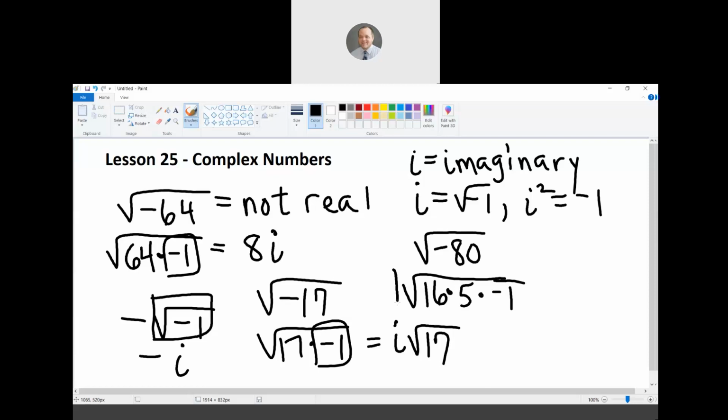Because we know the square root of 16 is 4, that goes outside the radical. And we also know the square root of negative 1 is i, so that also goes outside the radical. And 5 stays under the radical.